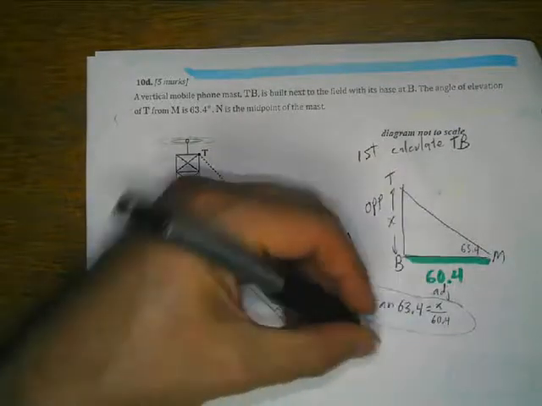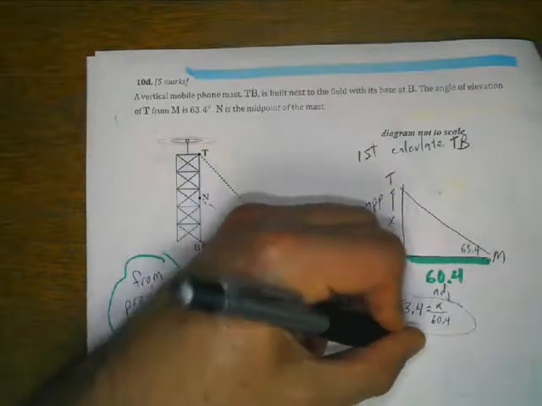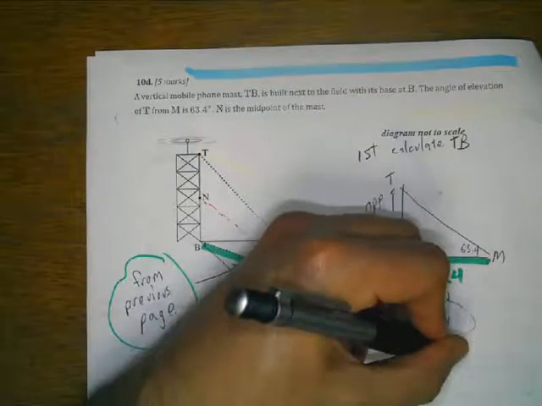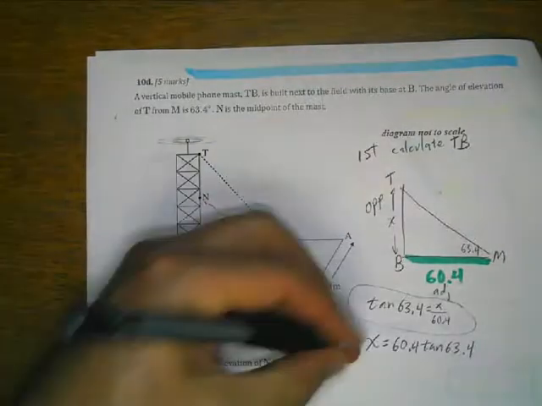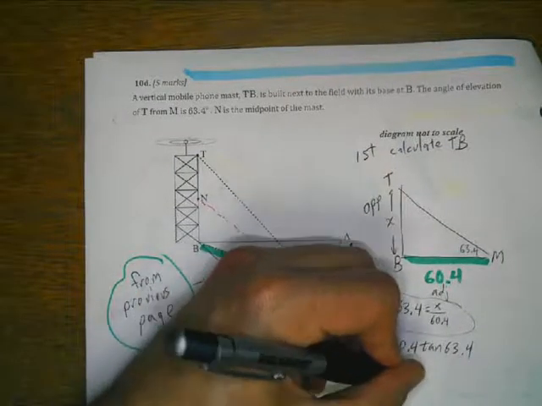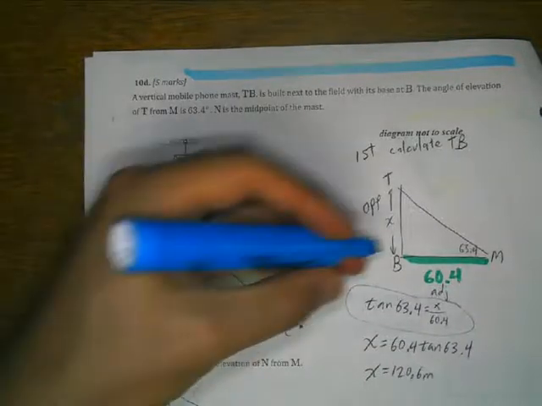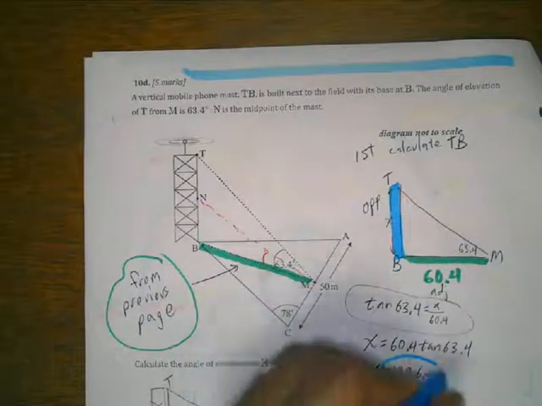I get x is equal to 60.4 tangent 63.4. And I put this into my calculator, and I get the height of the tower is 120.6 meters. So the height of this tower is 120.6 meters.